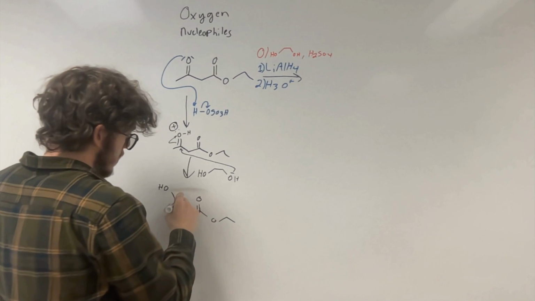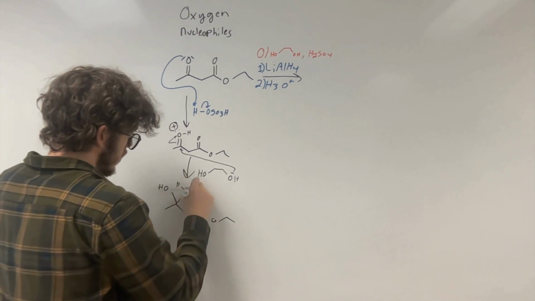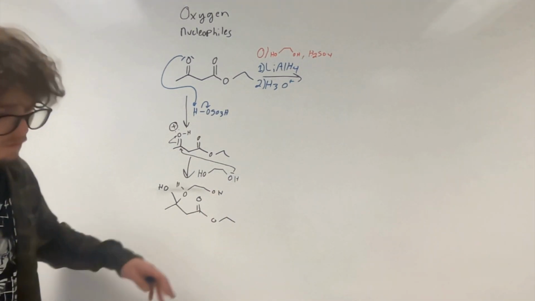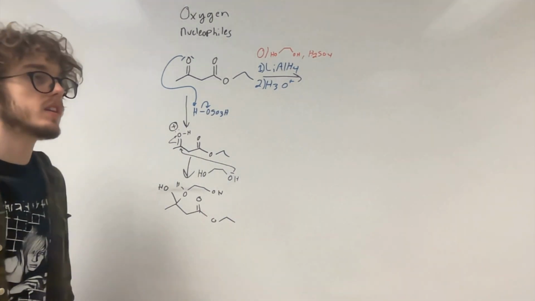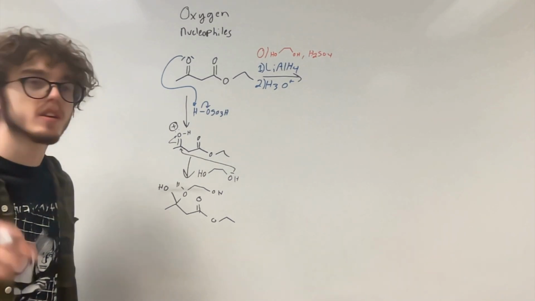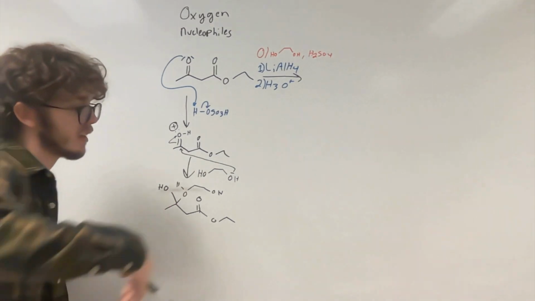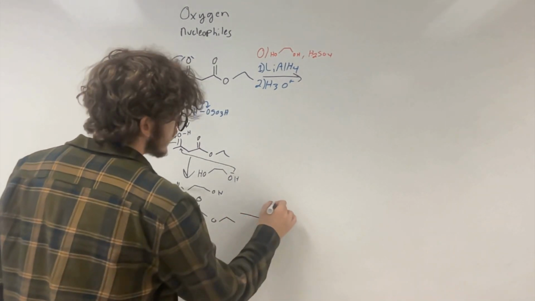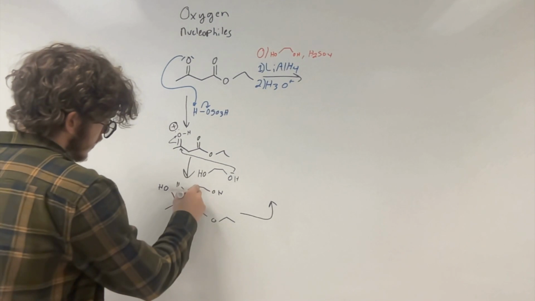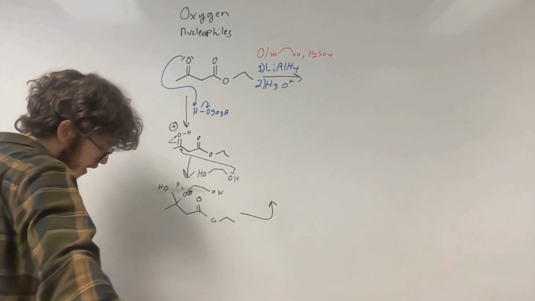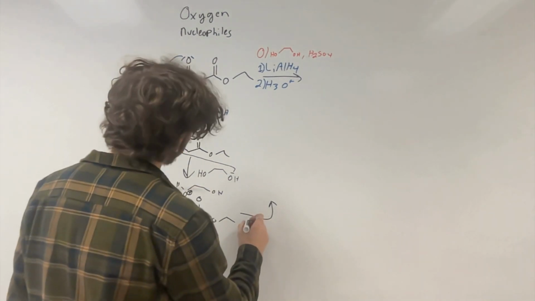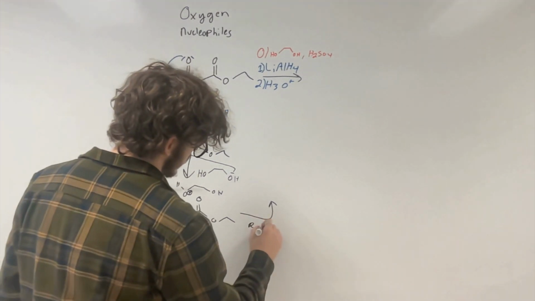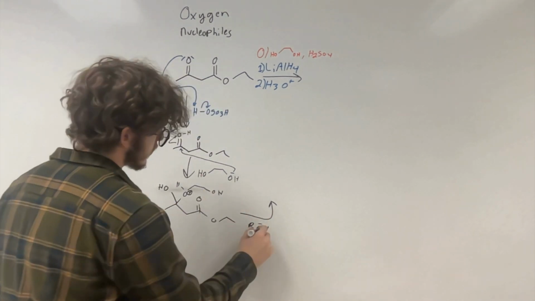This is going to be awful to draw. Notice it's kind of like a little hanging piece off the edge. This oxygen has a positive charge it's hanging on. It's just going to get deprotonated by a species, so I'll just say ROH, a molecule of this.